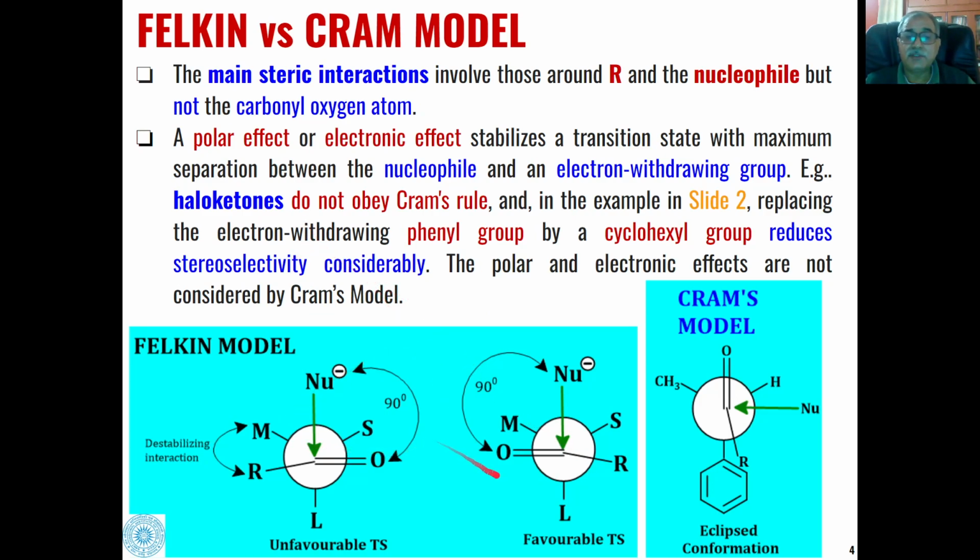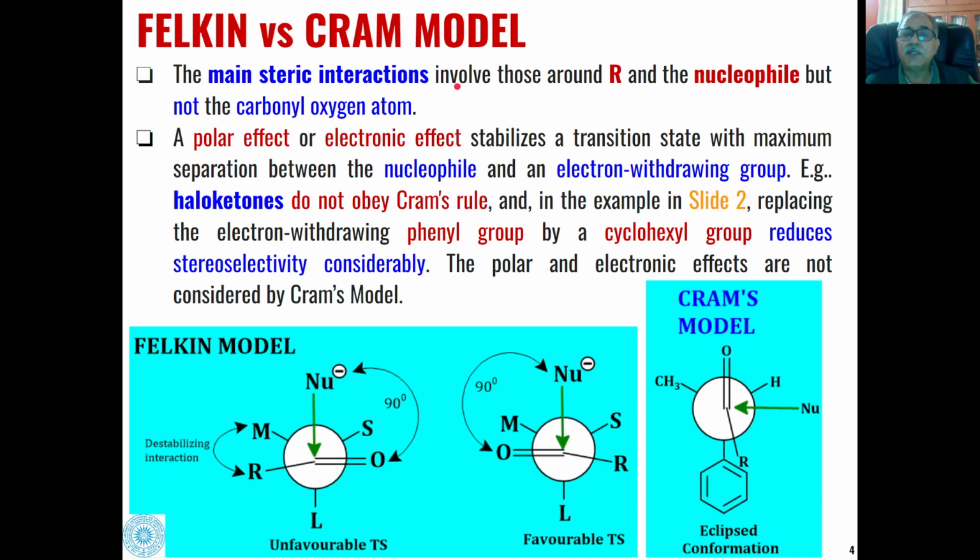Comparing these two models, in the Cram model, with the eclipsed conformation, the nucleophile attacks at the perpendicular position to the carbonyl. In the Felkin model, the nucleophile also attacks at the perpendicular position, but here the R and keto groups are not eclipsed with the other substituent; they are in the staggered form.